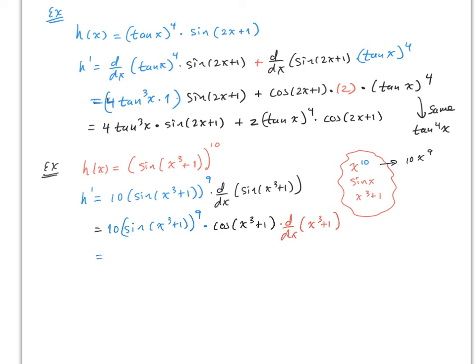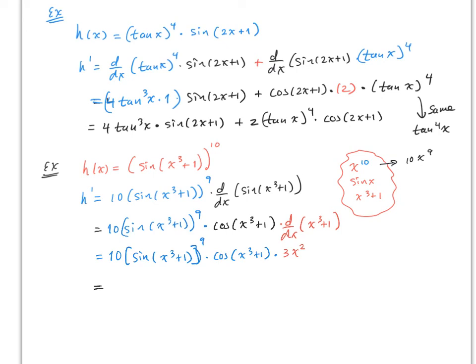All right, so therefore the last thing will be 10 times sine of x cubed plus 1 to the 9 power times cosine of x cubed plus 1 times the derivative of x cubed, which is 3x squared, and the derivative of 1 is 0. And that's pretty much it.